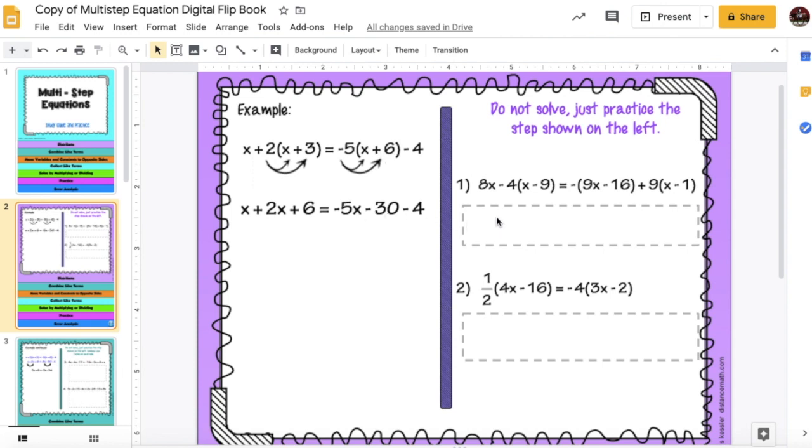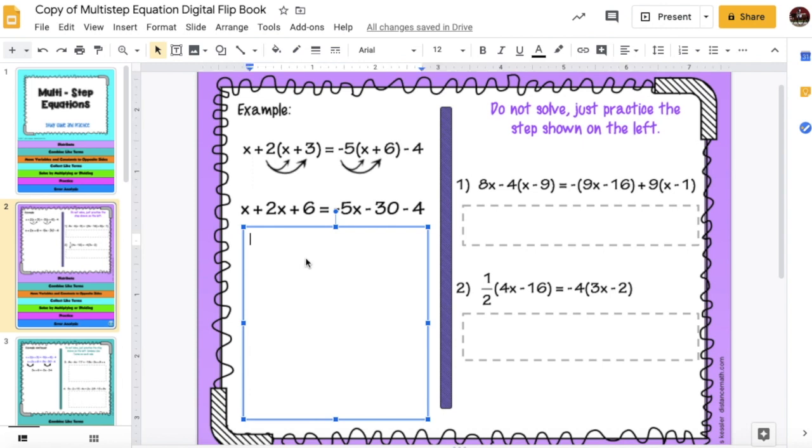So when you fill these in on this page, you're just practicing the step shown on the left. You don't have to solve completely, just do the distributive step. And I want to give you some hints about how to get started. Be sure to take the sign in front of the term with that term.